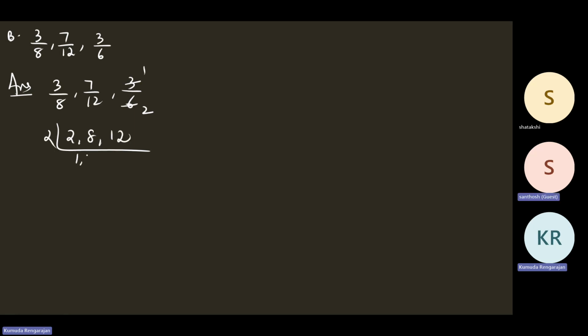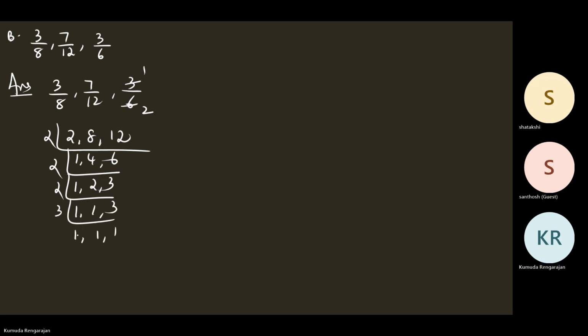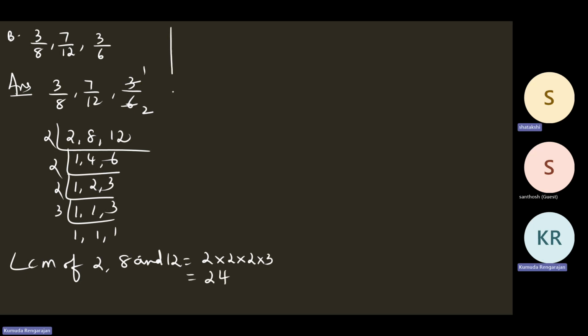So 2, 1, 4, 6, 2, 1, 2, 3, 2, 1, 1. Since you know this, I'm not asking you. Now tell me what's the LCM of 2, 8, and 12? 2 into 2 is 4, into 2 is 8, 8 into 3 is 24. Very good. 24 is the LCM.